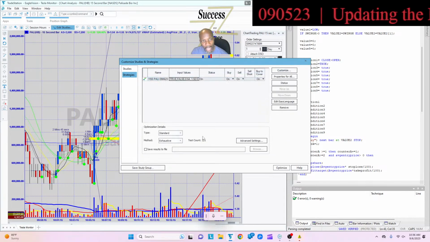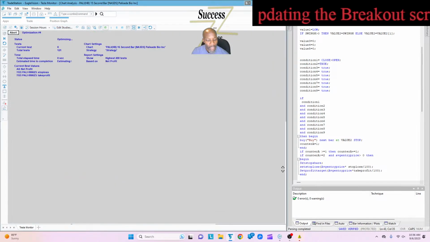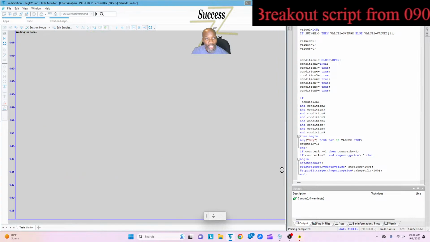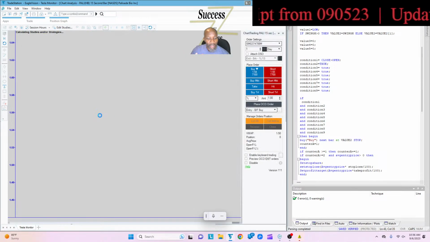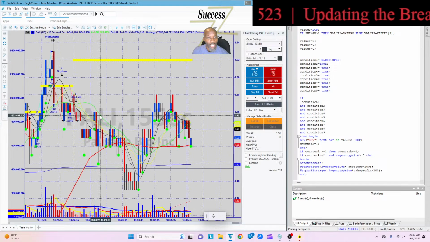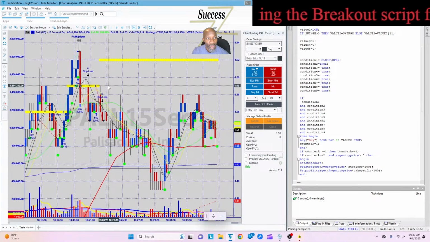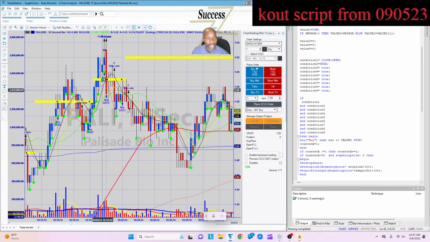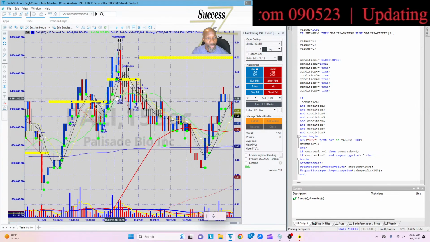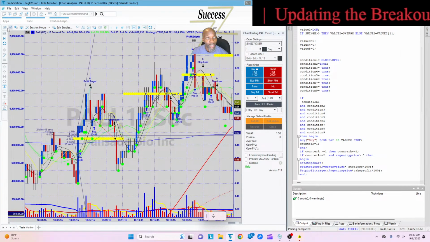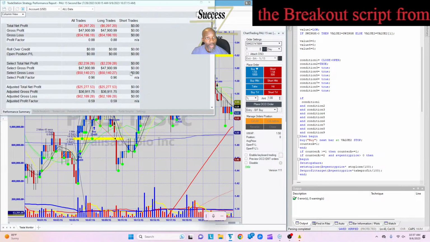Why was I trying to buy it at the open instead of value 2? I think we were getting faked out at value 2. It wasn't going all the way down, so there's a lot of stop losses going on there. Stop, two profit targets. All right, let's see what the performance report says.